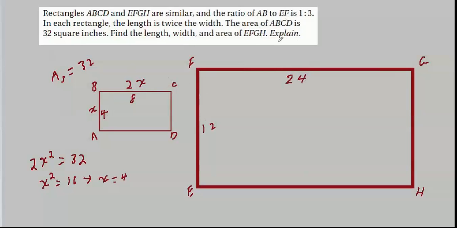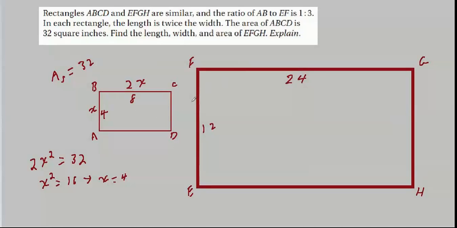And the new area, we can multiply 12 times 24, or it's a 3-to-1. And remember, areas move as the square of the similarity ratio. So this area will be 3 squared times this area. In other words, this side is 3 times this side, because our similarity ratio is 3.